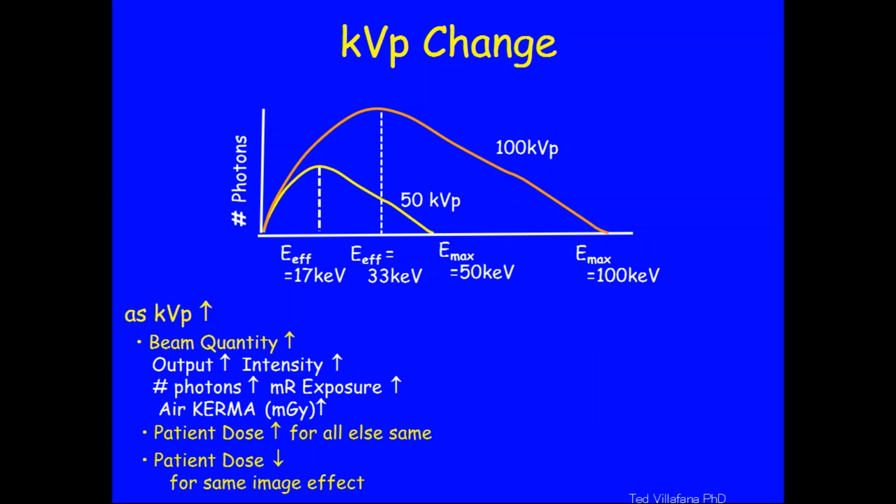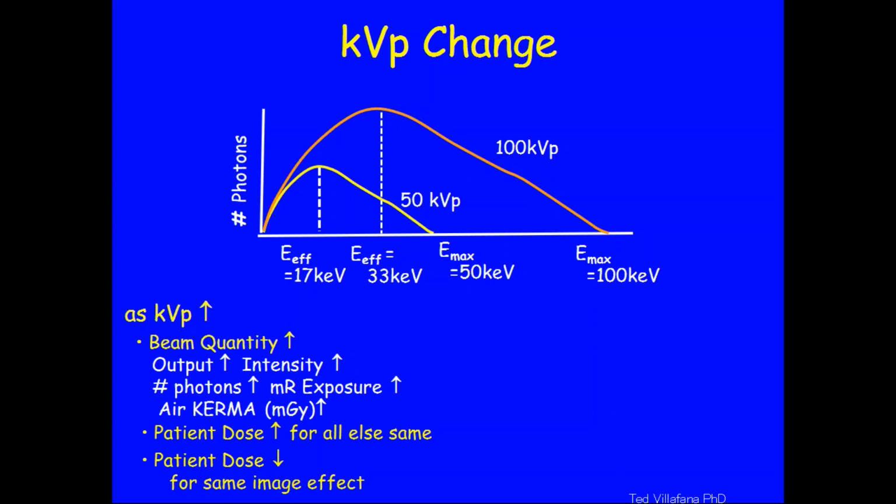Okay? Now, here is a point of much confusion, and we're going to be discussing it a little bit later on. I'm going to put this aside, but look at this statement. I just finished saying that the patient dose goes up. Well, you can manipulate things so that you end up having less dose, okay?